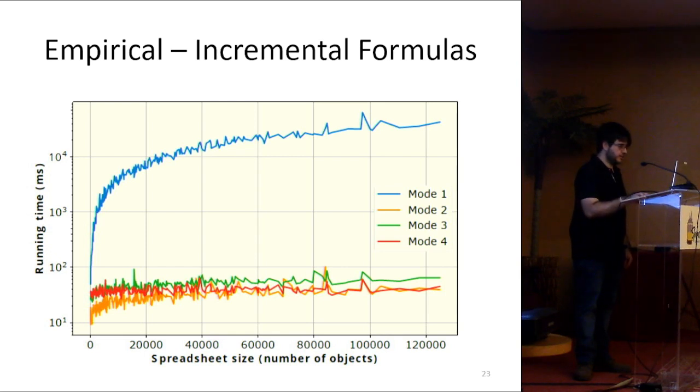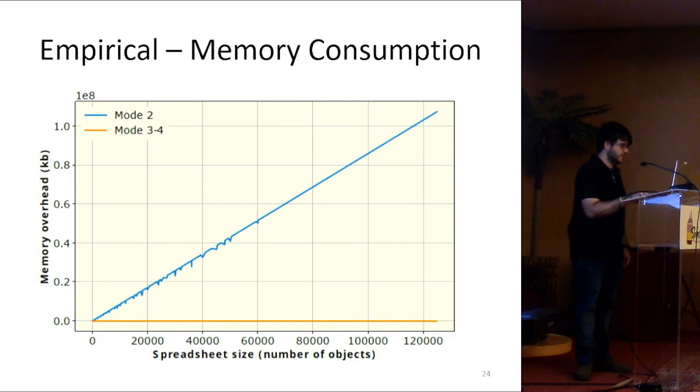But in the next slide, we can see the memory consumption. On the x-axis, you can see the spreadsheet size, and on the y-axis, the memory of the data structure. So we can see that mode 2 takes much more memory than our solution. So that's the main advantage of it.